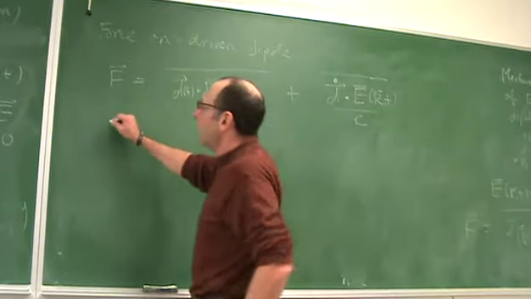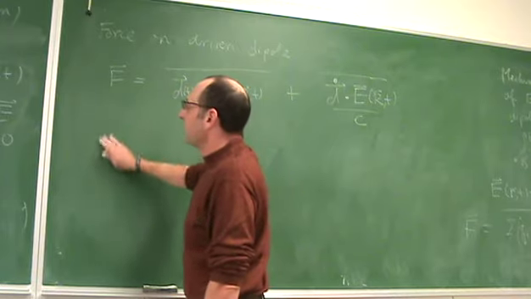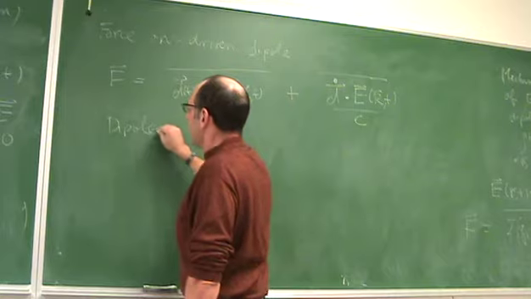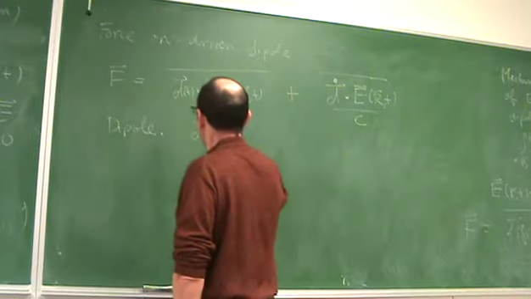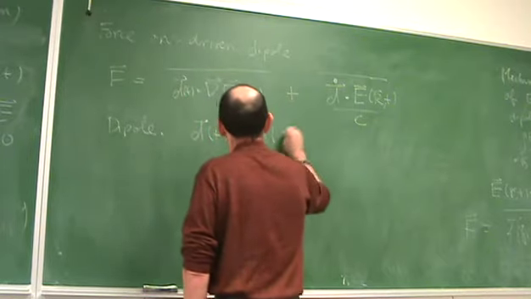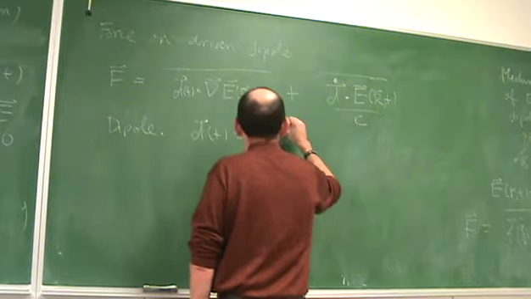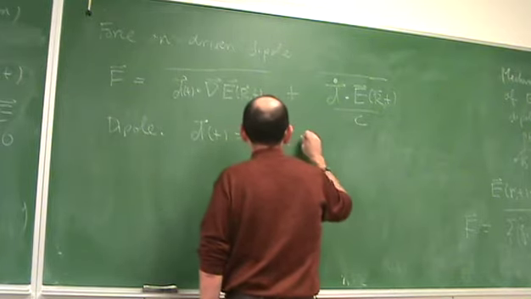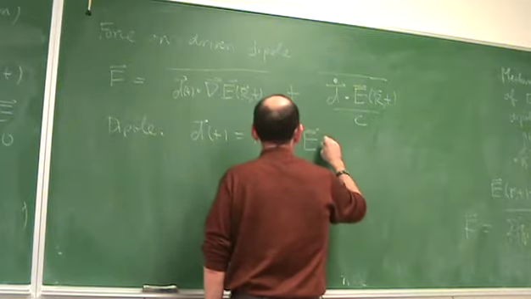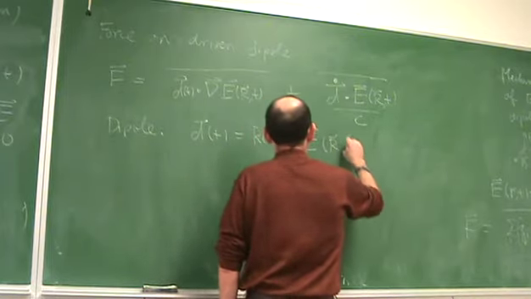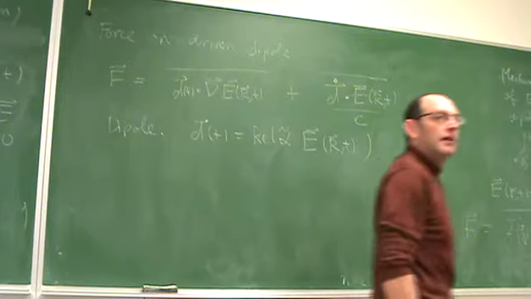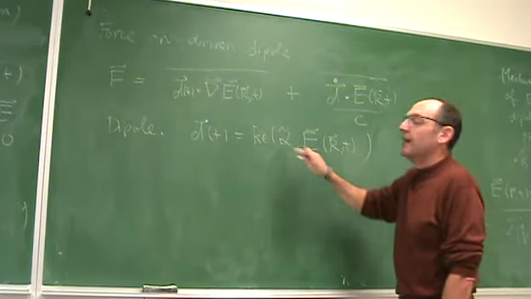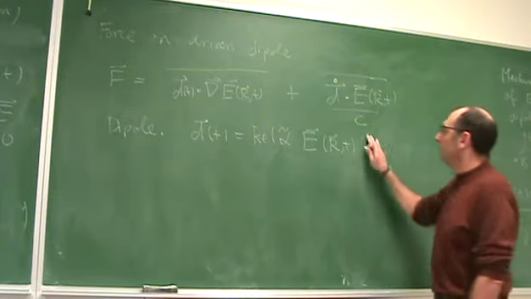Of course, what we have here, let's assume we have a linear response. Our dipole, as a function of time, assuming that my field is weak enough that my harmonic oscillator just obeys Hooke's law, then the induced dipole moment depends on the polarizability.